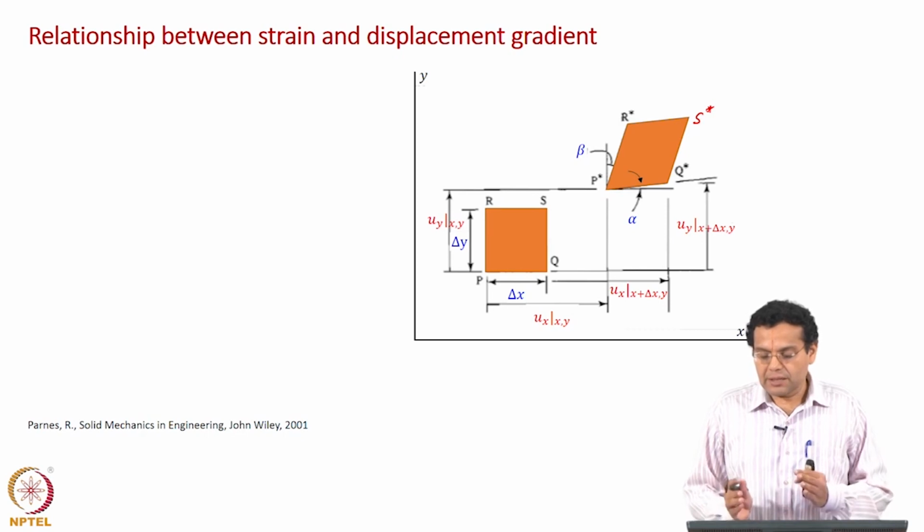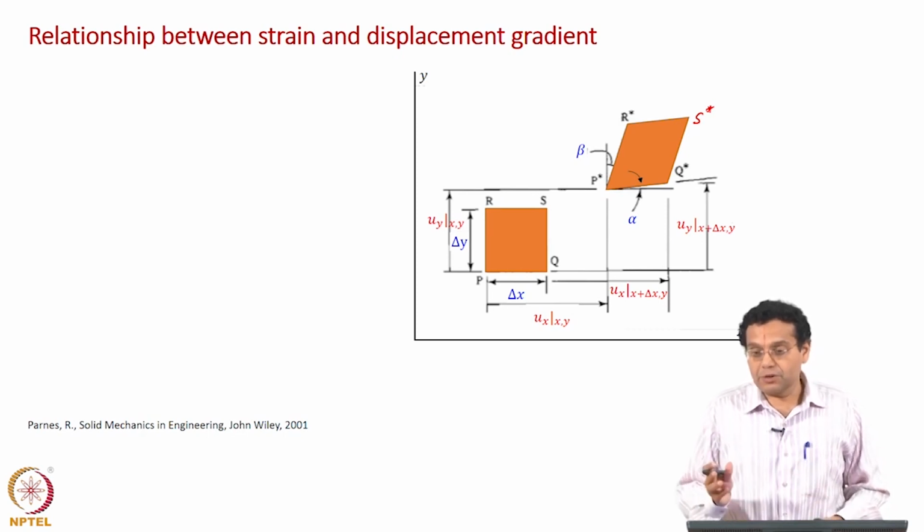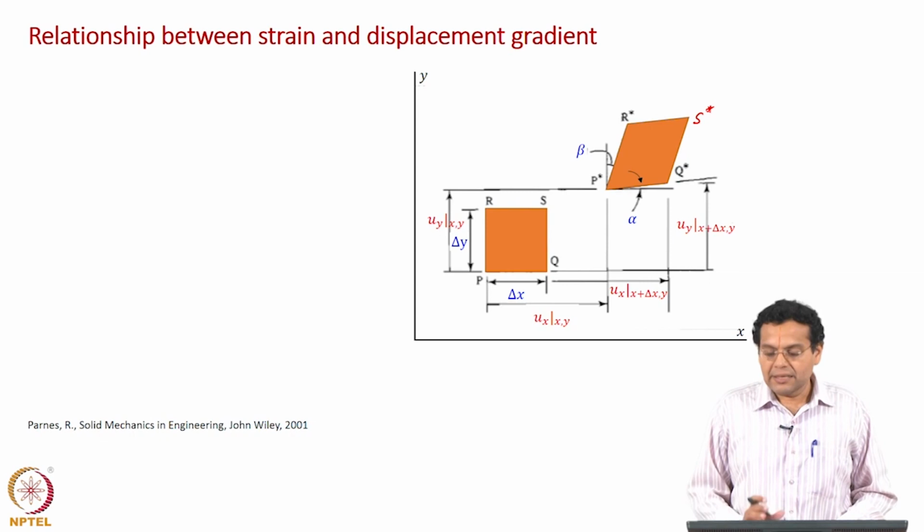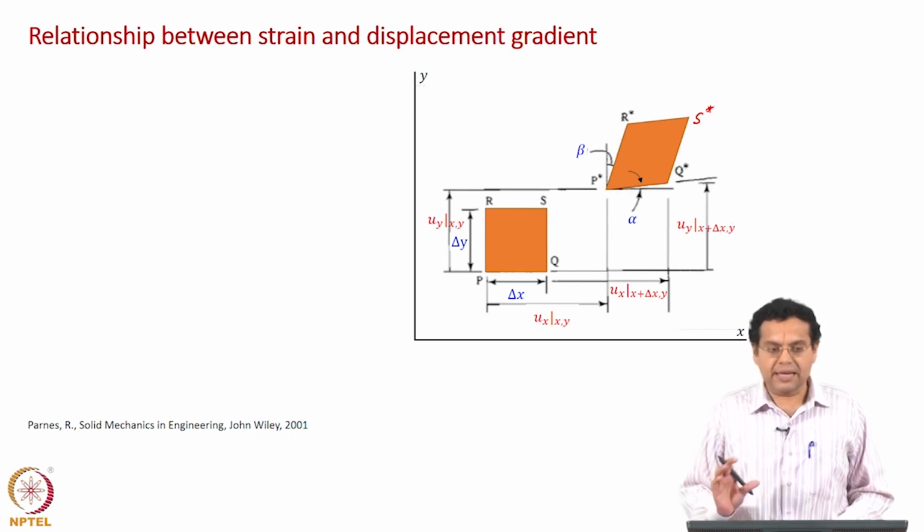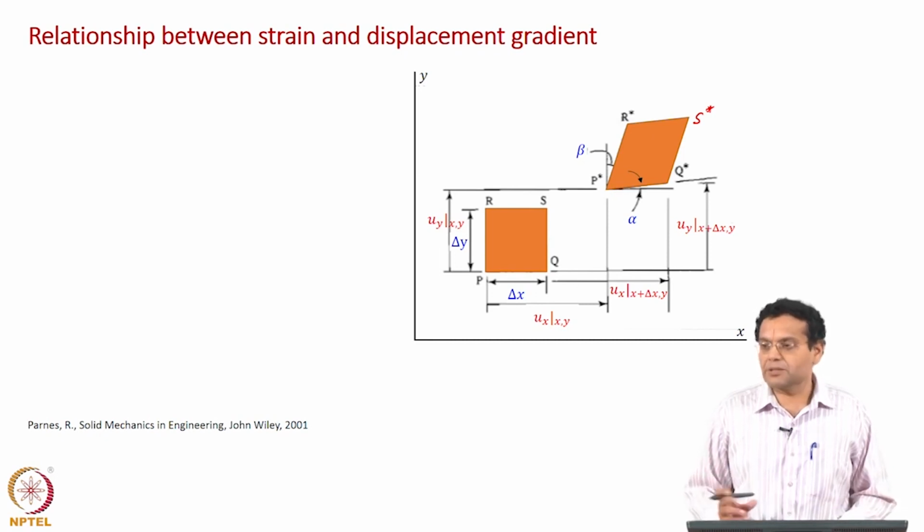If you compare the final state and initial state, easily you can understand that there is a change in length. PR is not the same as P star R star, there is normal strain. Similarly, P star Q star versus PQ. Look at the angle, there is change in angle. Look at the rotation, there is rotation. What about translation? Yes, there is translation.